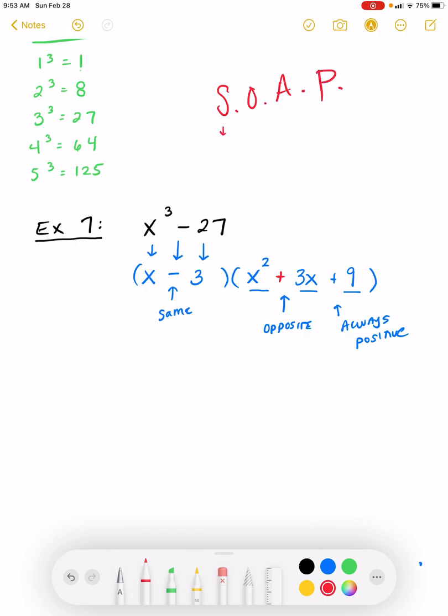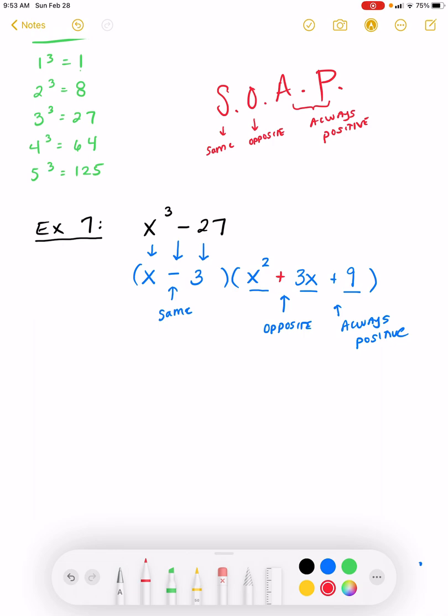The S stands for the same sign. The middle sign is always the opposite, and the A and the P stand for always positive. So students end up associating this factoring type with the acronym SOAP. They'll say, is this the SOAP factoring? Which is fine to say as long as you understand what it is that you are doing when we use this SOAP factoring right here.